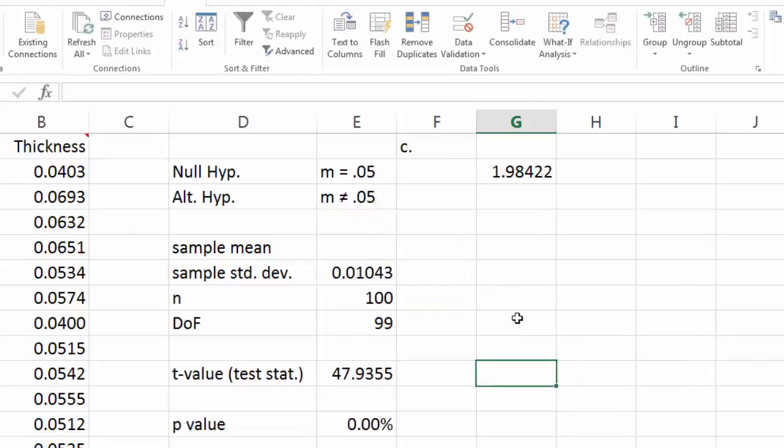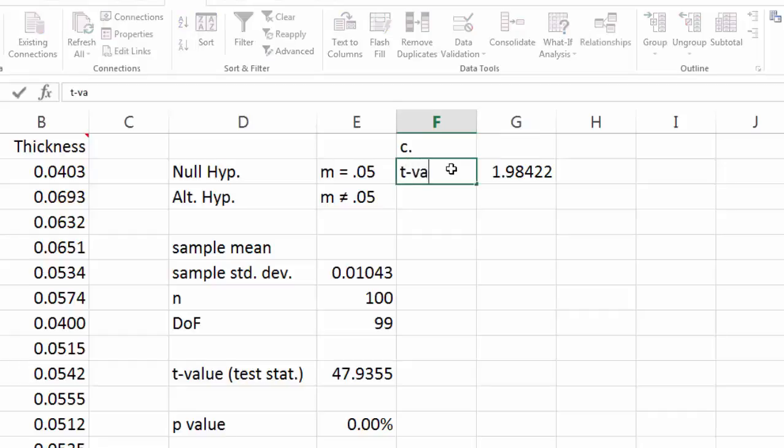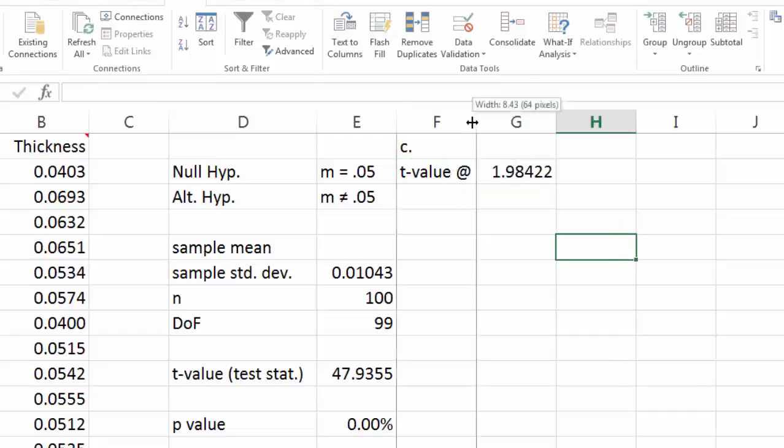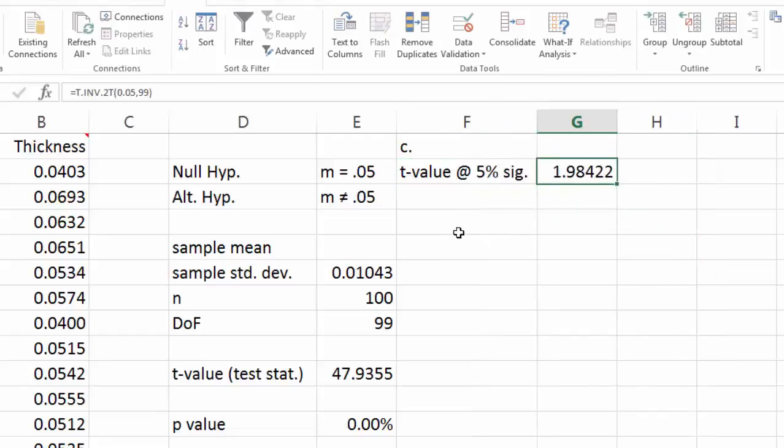Oops. Okay, so I realized that the goal seek won't work if there's already a value in here, so I have to actually delete my sample mean entry. Okay, I've calculated my t value for the 5% level. T value at 5% significance. So now I can use the goal seek.